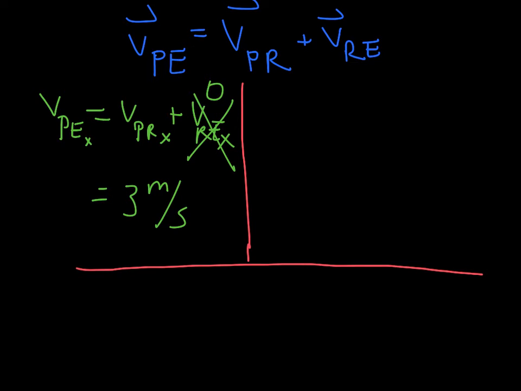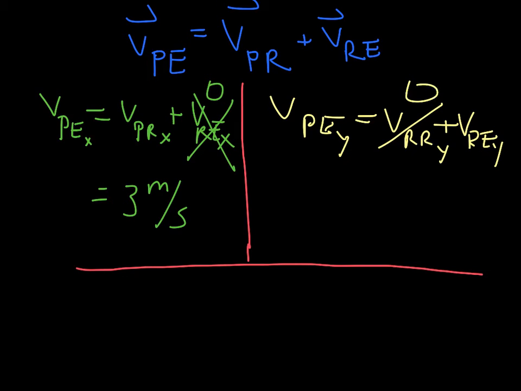How about, let's do the y components now. So we know V_PEy equals V_PRy plus V_REy. This is 0 because the person's only going in the x direction, so we get negative 4 meters per second.